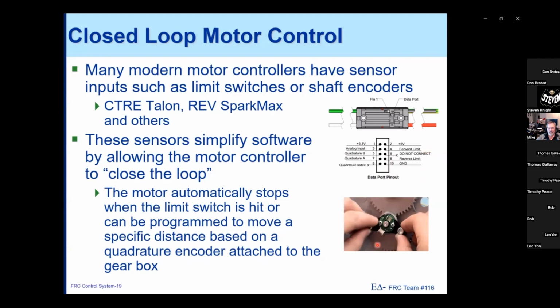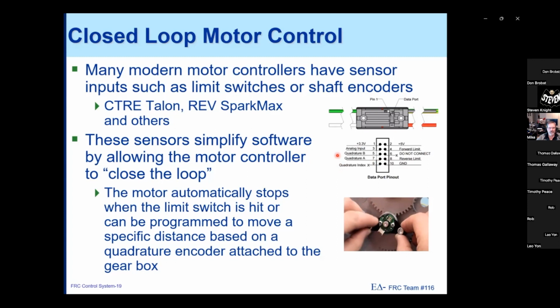So here's an example of a shaft encoder. This is a quadrature encoder being attached to a gearbox. The output from this quad shaft encoder will then go into the quadrature A and B inputs of this motor controller, and then I can say, go 300 pulses in the forward direction, and it will actually count the pulses and then stop the motor automatically when it gets to the destination.